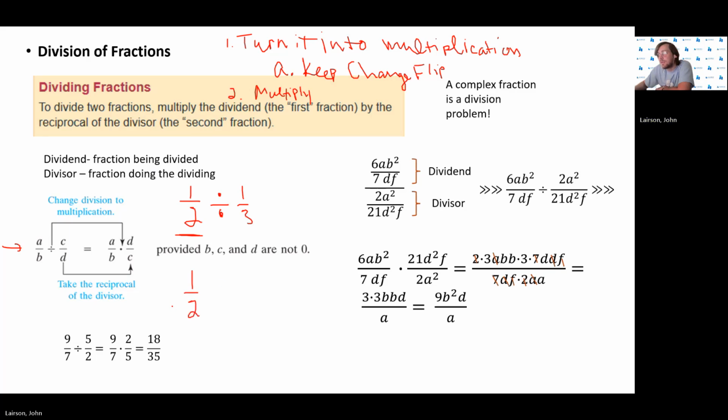I'm going to change the sign from division to multiplication, and to do that I need to flip the second one, 3/1. Keep, change, flip. Now it's just a multiplication problem: 1 times 3 is 3, 2 times 1 is 2. That's all it is.